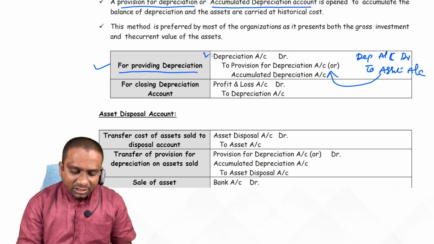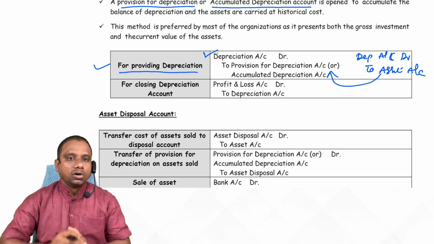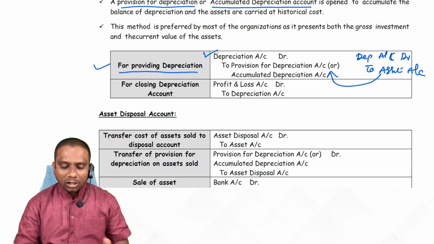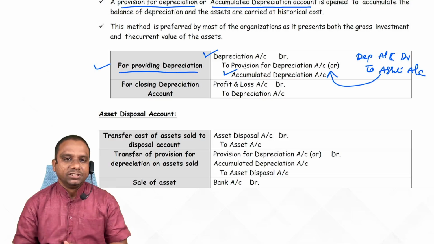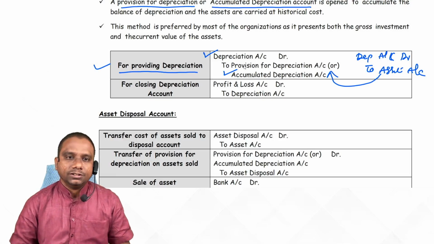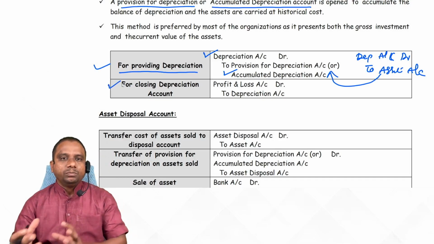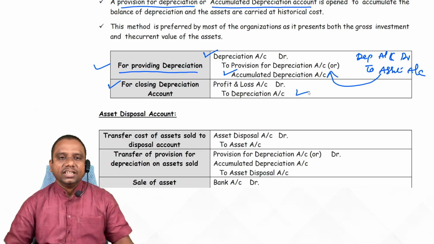By writing this entry, we show in the balance sheet the asset at its original cost and the accumulated depreciation on the opposite side, the liability side, as provision for depreciation. Or as a presentation, from the asset cost we deduct provision for depreciation. That is the accounting treatment. Next, for closing the depreciation account, as usual, profit and loss account debit to depreciation account.